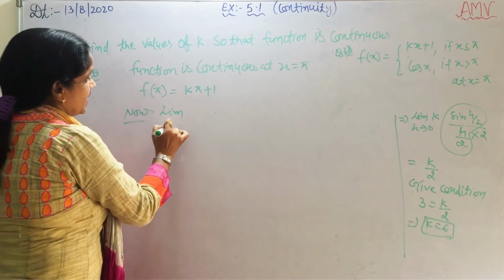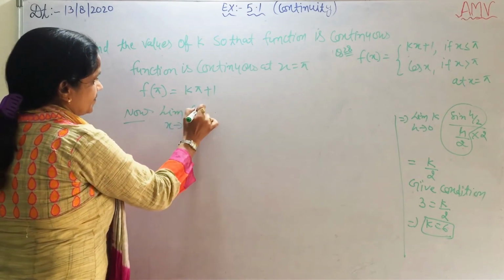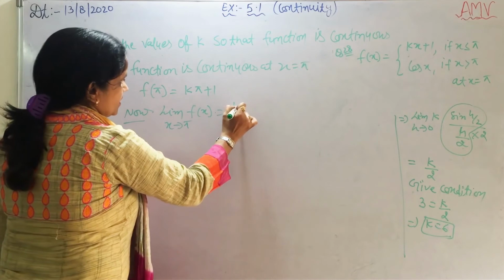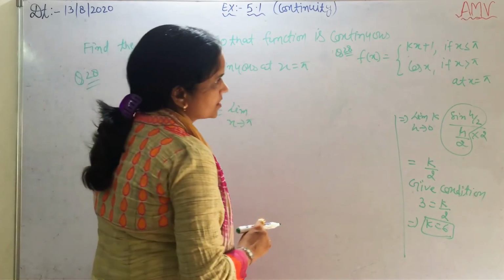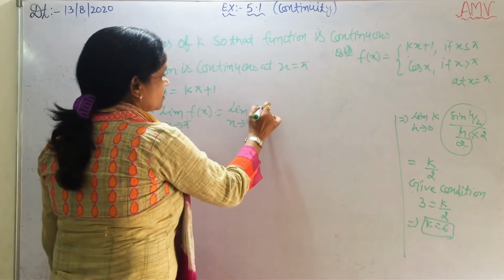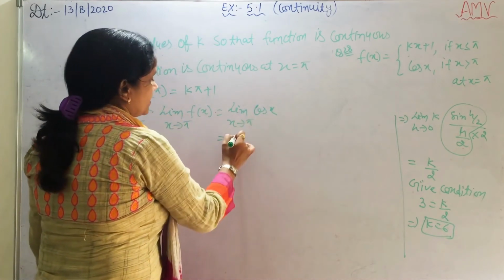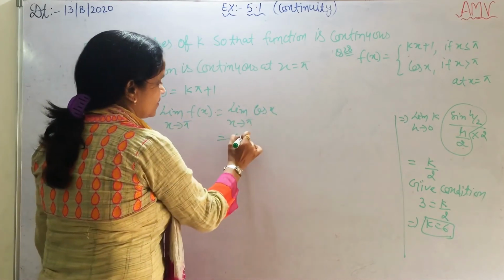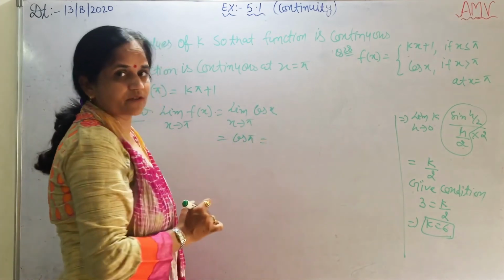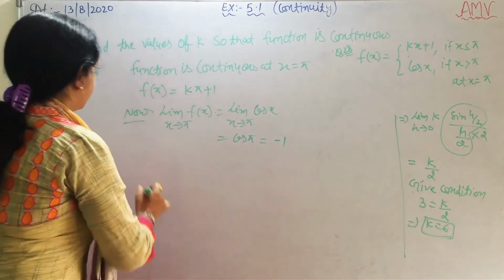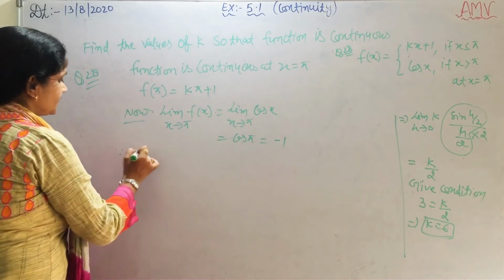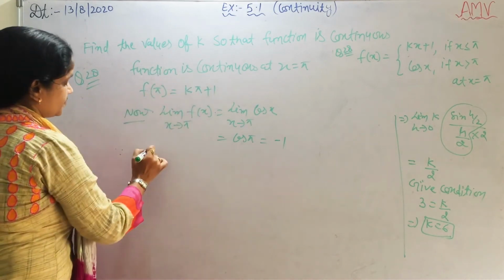And now limit x tends to pi of f of x. It is limit x tends to pi. Write the function. Here the function is cos x. So write pi in place of x, cos pi. What is the value of cos pi? It's minus 1. And now the function is continuous.